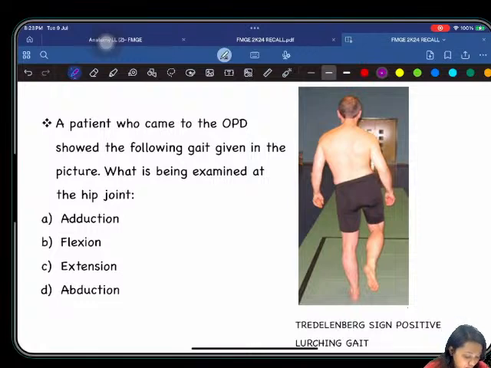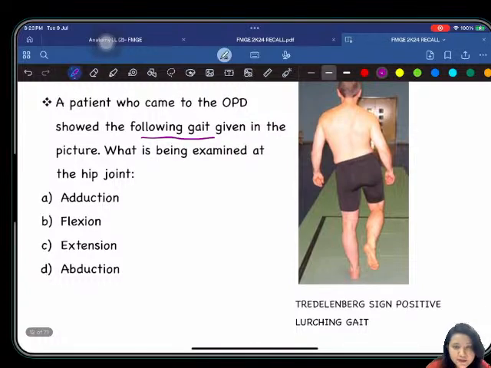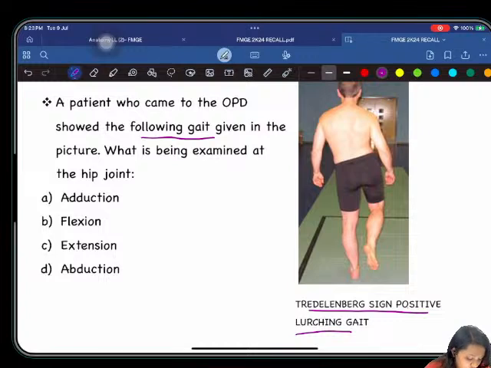In this question they have told that a patient who came to the OPD showed the following gait given in the picture. What is being examined at the hip joint? This is a typical gait: the Trendelenburg sign is positive, and the gait is a lurching gait. Now they have mentioned adduction, flexion, extension and abduction.